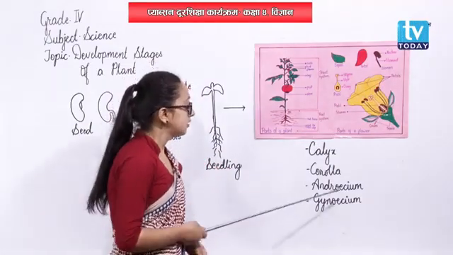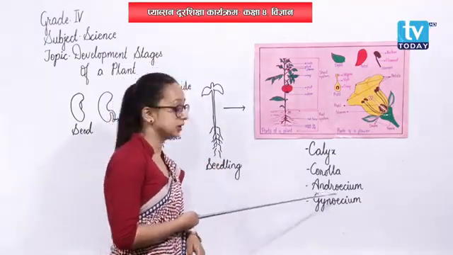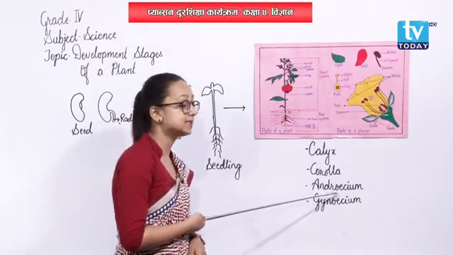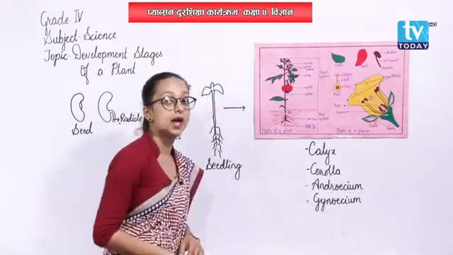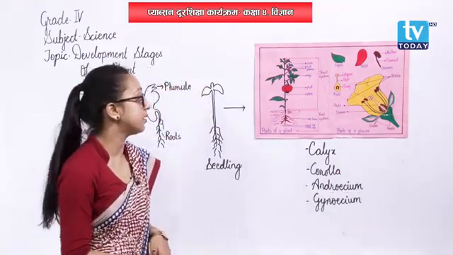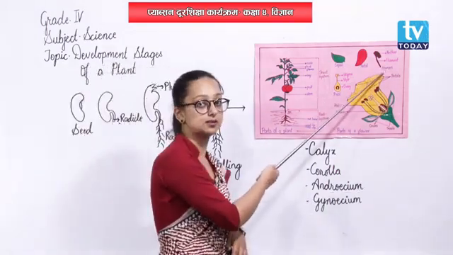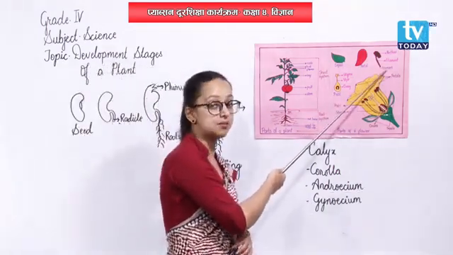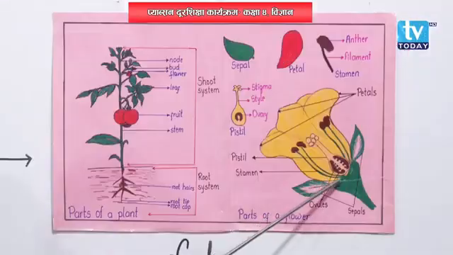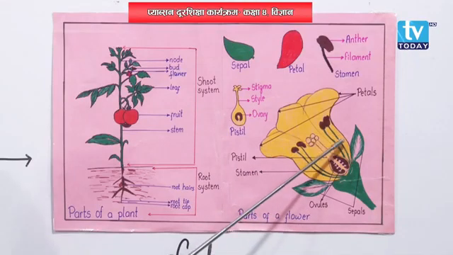Now, the third part of a flower, the third whorl of a flower, is androecium. And androecium is made up of stamens. See here, stamens. Okay, and in this figure, these are the stamens. 1, 2, 3, 4. I have made 4 stamens here, right?